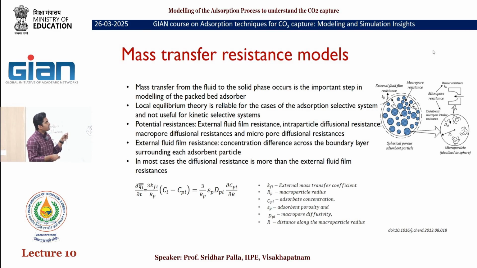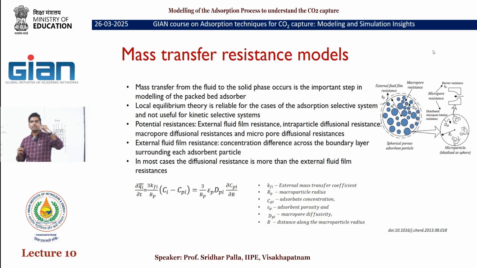And inside, intraparticle diffusional resistances, in our case there are two intraparticle resistances. One is macropore diffusional resistance, that means if there is a pellet, how the gas is diffusing through the voids of the pellet. Then we have a micropore diffusional resistance.